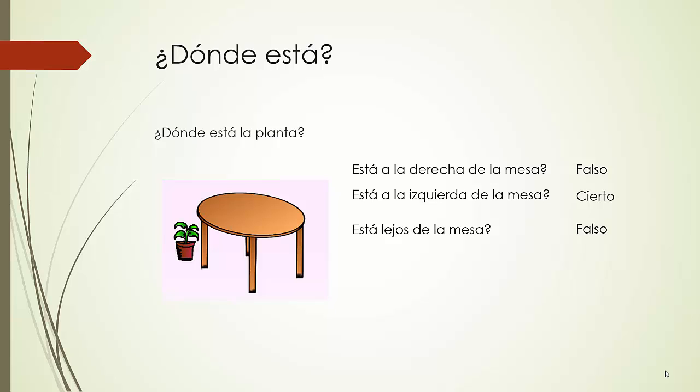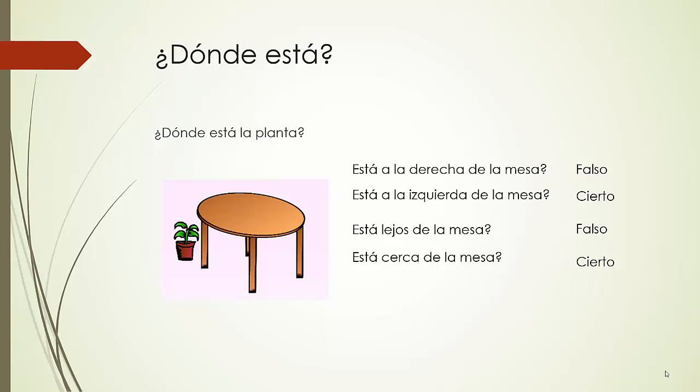Falso. Lejos de means far away from. The plant is right next to that table. It is not far away from it, so falso. Número 4. ¿La planta está cerca de la mesa? ¿Cierto o falso?